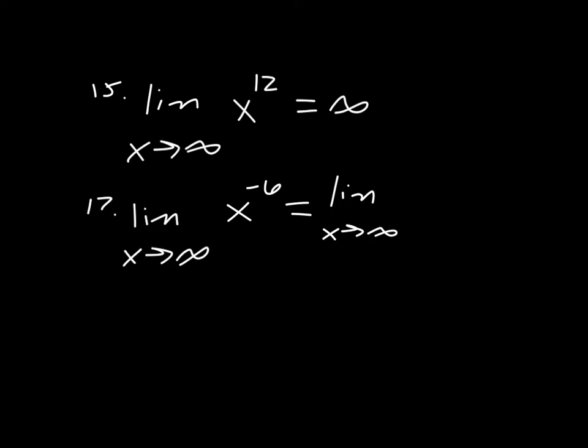It goes to 0 because the negative exponent flips this thing upside down, right? So if you have a constant in the numerator and your denominator is growing without bound, it's going to 0.